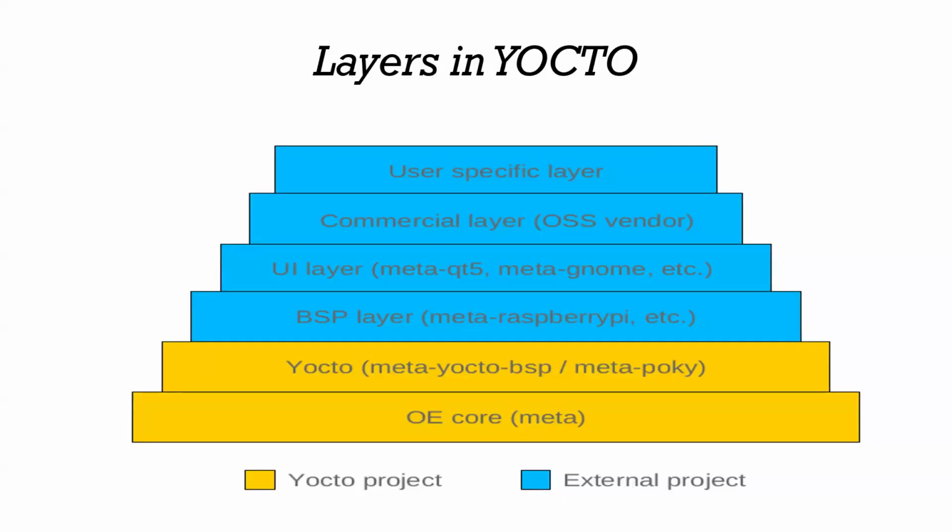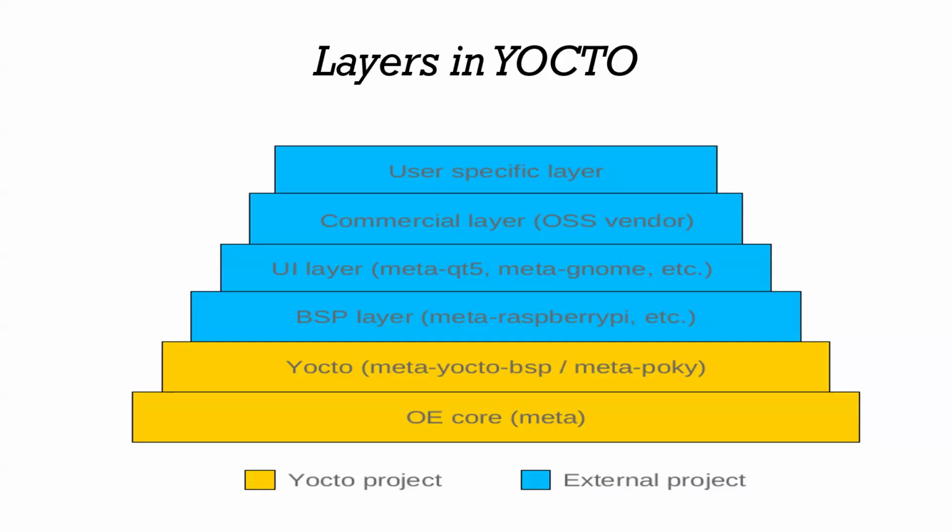Starting from the core, that is OpenEmbedded core, which is at the bottom. This one basically contains the actual Linux core, which consists of the shell and the kernel.